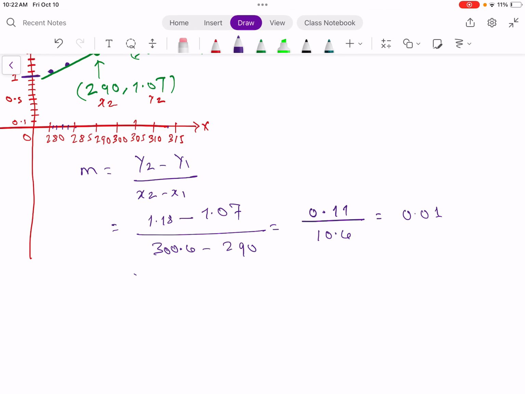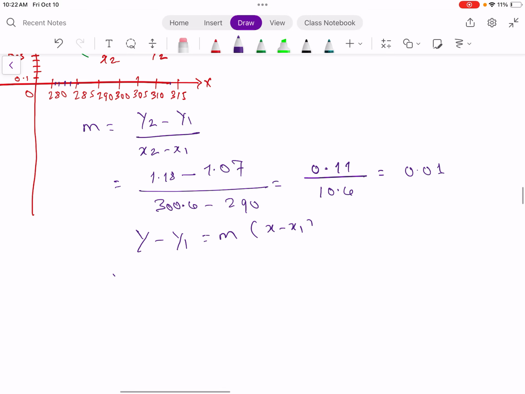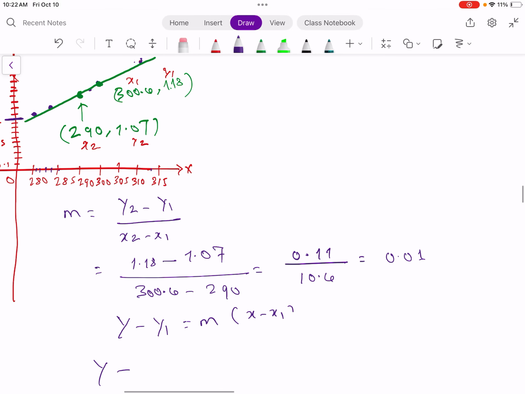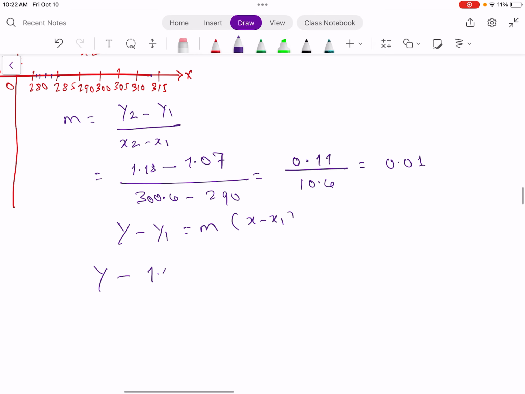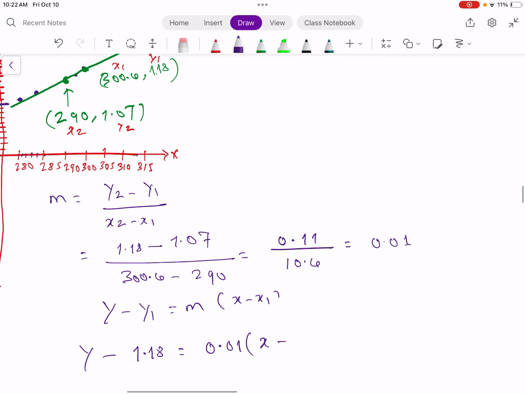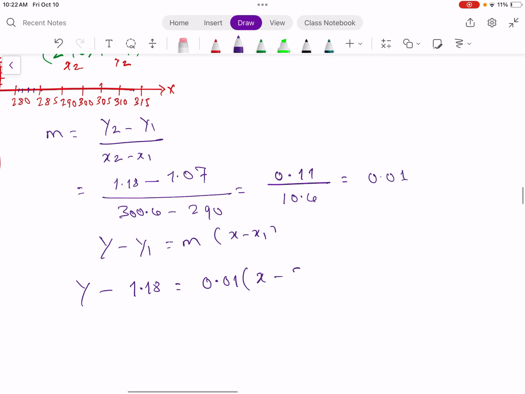Our point slope form is y minus y1 equals m times x minus x1. So we have y minus our y1, that is 1.18, equals the slope 0.01 times x minus x1, which is 300.6.